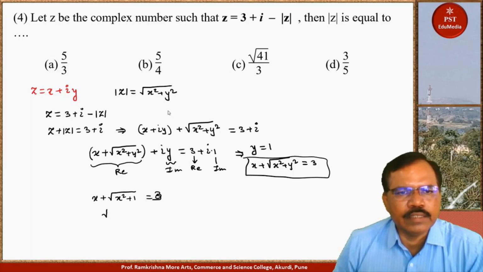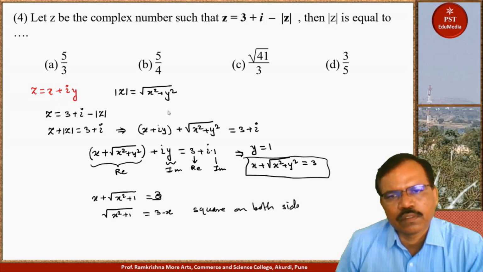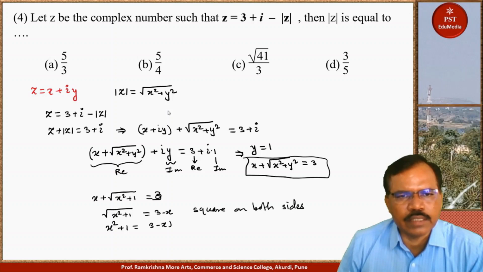So we can write this as sqrt(x² + 1) = 3 - x. So square on both sides. We'll get x² + 1 = (3 - x)².